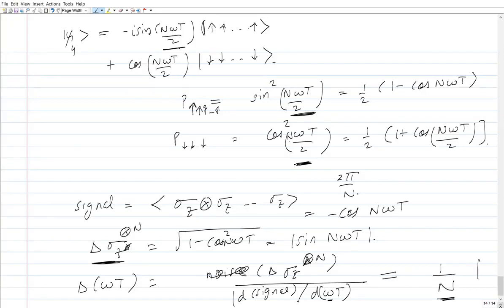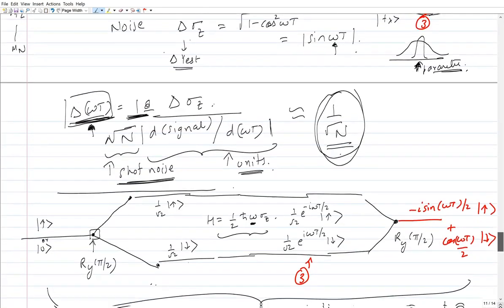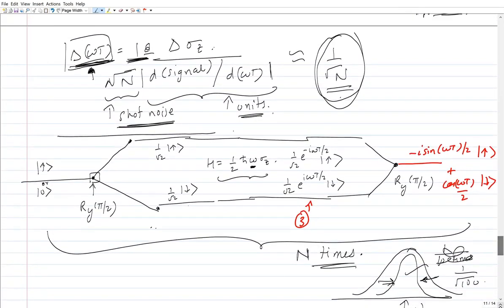So this is kind of remarkable and fantastic. In experiment 1, we used n independent atoms, and the scaling we got was 1 over square root of n, which was sort of a classical result, because any classical protocol through the central limit theorem would give you 1 over square root of n scaling.